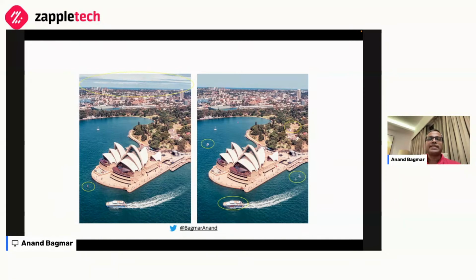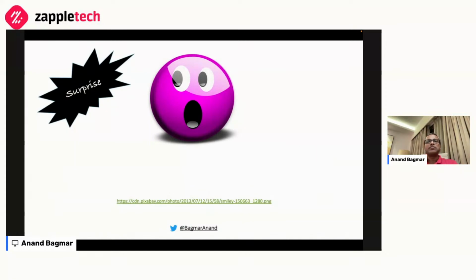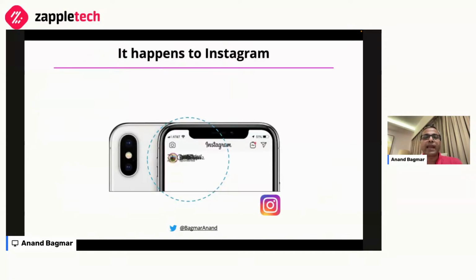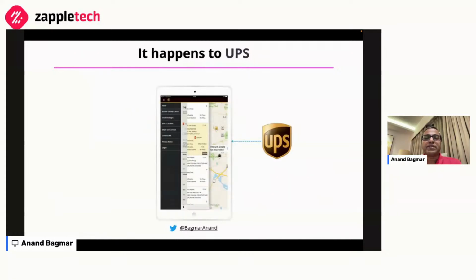Though this example is of images, we will see similar examples in our software products as well. For example, and I've got a ton of examples, Instagram, a native application, you see this weird rendering that has happened. Twitter, UPS, the app works great on a phone, but on a tablet, it renders very weirdly.